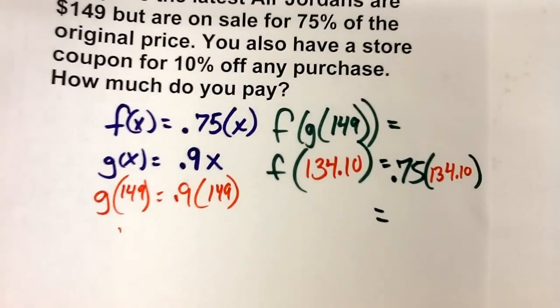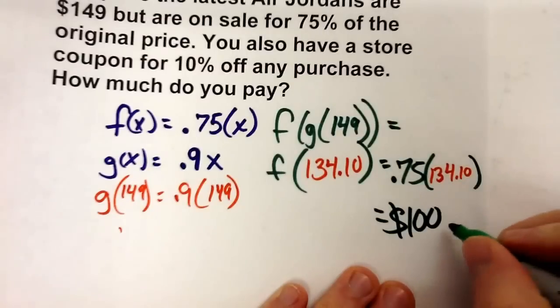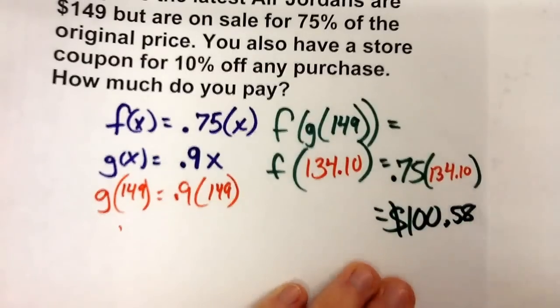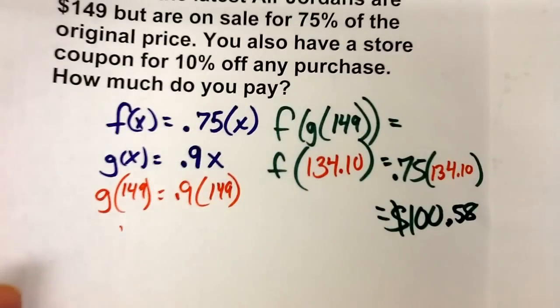So 0.75 times 134.1, rounded off, is about $100.58. Pretty good deal there. That's how you would use function composition in real life. Now, I doubt you're going to go in a store and get that complicated, but it's to give you an idea of something you've probably done in Algebra 1, but now give you a higher level way to think about it.